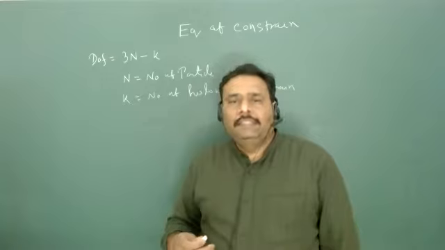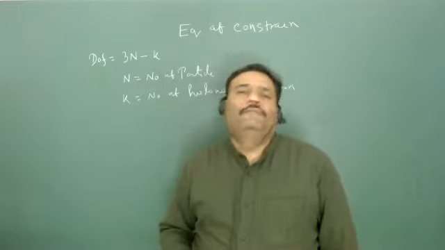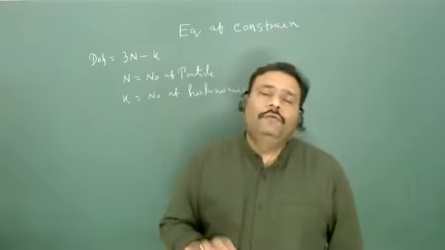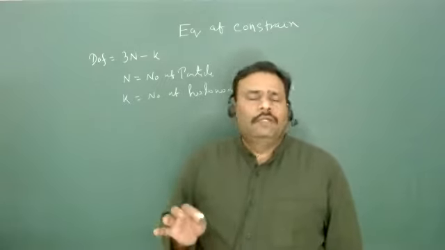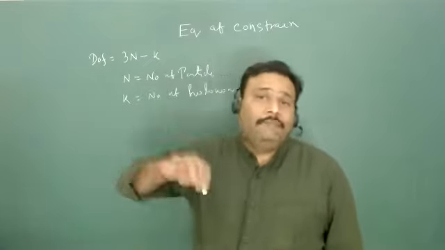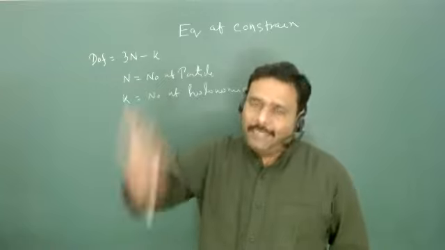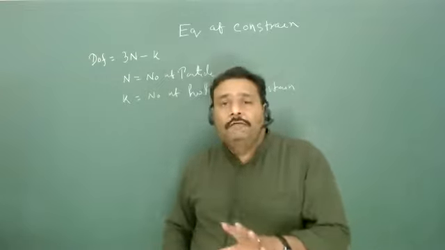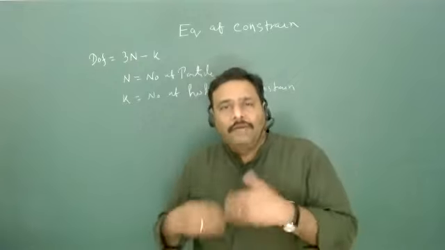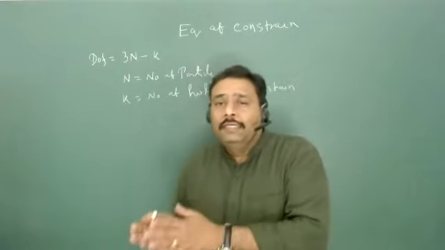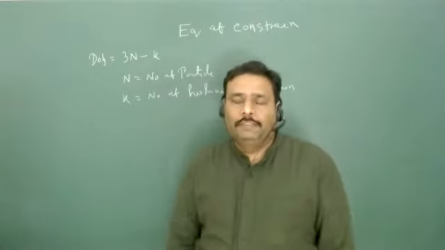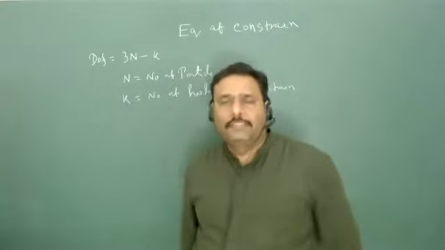You will see that Cartesian coordinates are enough to define degree of freedom. But when you are going to see the motion, then you will find that Cartesian coordinates are not exactly what we wanted to deal with. Then we will go for different coordinate systems.